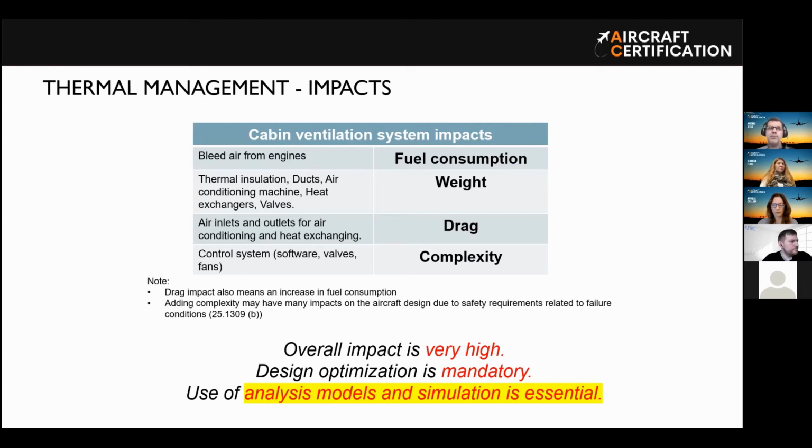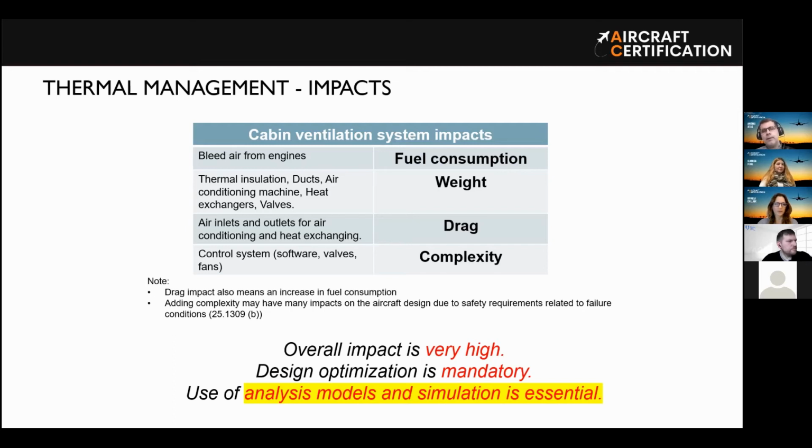Imagine if you have an aircraft where the thermal comfort is not good, or the fuel consumption is not good because of a bad decision. So we don't want that. Okay, so that's the idea of that.